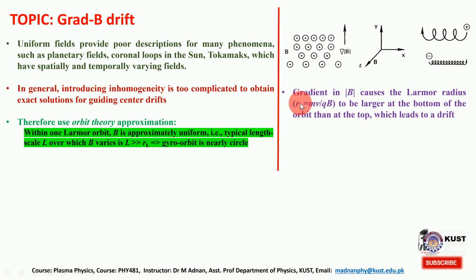So once the strength is increasing, the Larmor radius will decrease.